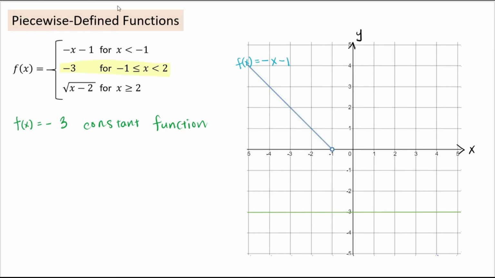From the domain of this function, x is equal to negative 1 is included, but x is equal to 2 is not included. So we obtain the graph of f of x is equal to negative 3 on the given domain.